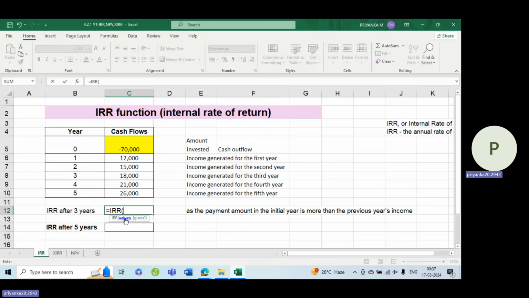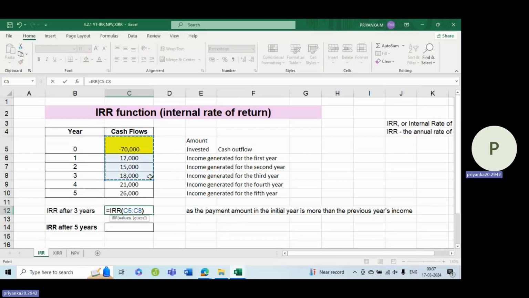Always remember, in IRR we select the cash outflow value also, including your cash inflows. Since they have asked after 3 years, I'll be selecting from 0 to 3, because we need the values only up to the third year.